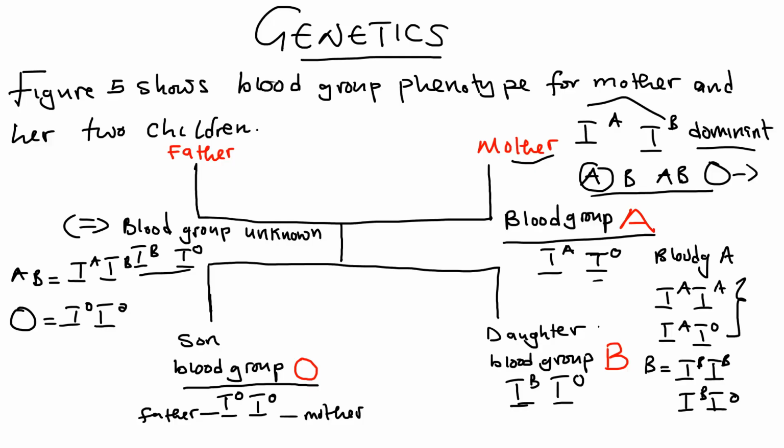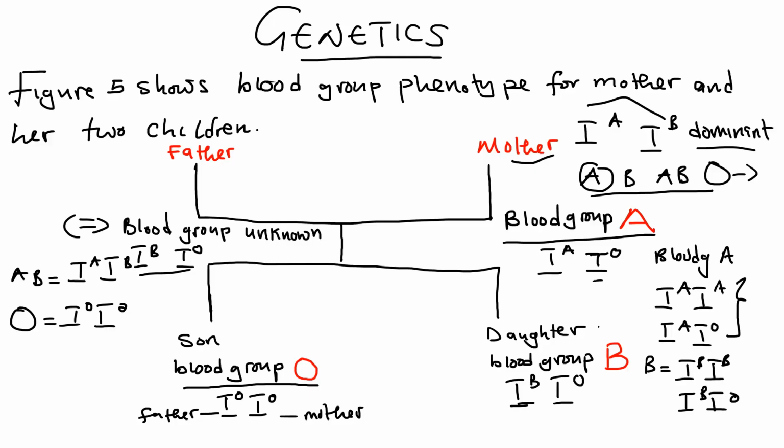So this is the genotype for the daughter. Have we been asked for the genotype of the daughter? No, we want the genotype of the parents. So from the children here, we are able to go back and tell the genotype of the father and also the mother. I guess you've gotten that. Take note that for blood group, one allele comes from the mother and one comes from the father, so you can only contribute what you have yourself.